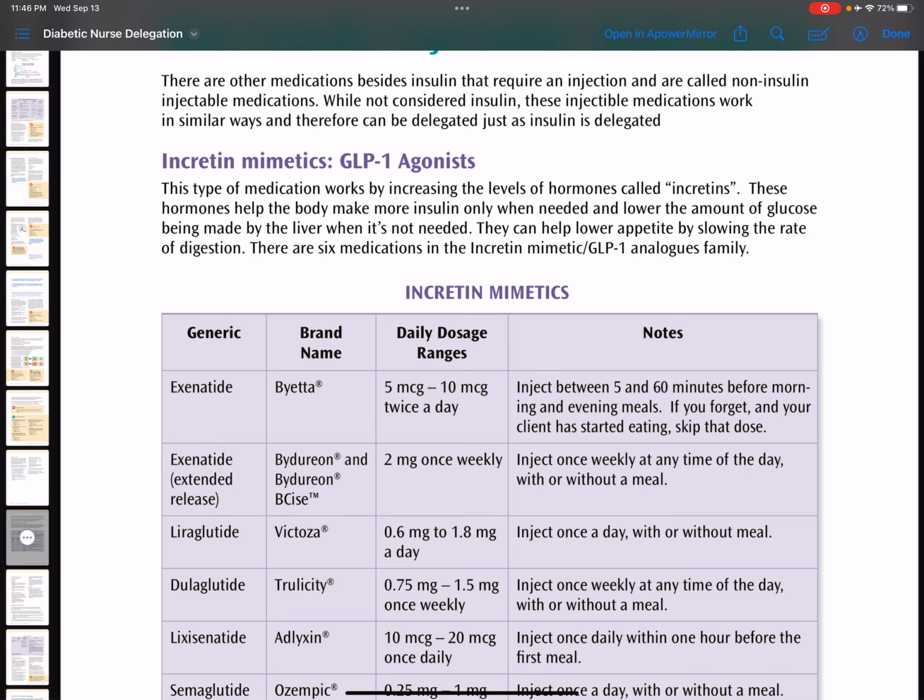Usually, amylin must be warmed to room temperature before injecting, and we don't mix it. And we're not supposed to inject it into the arms. It's only supposed to be injected into the abdomen or legs. We're not supposed to freeze it.